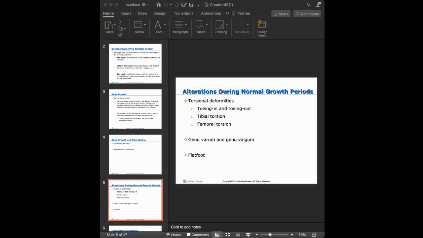Knock-kneed, exactly. So I'm going to try and pull up a picture of the musculoskeletal system. Bear with me for just a second. I'm going to try and change our picture. So genu varum is bow-legged and genu valgum is knock-kneed.